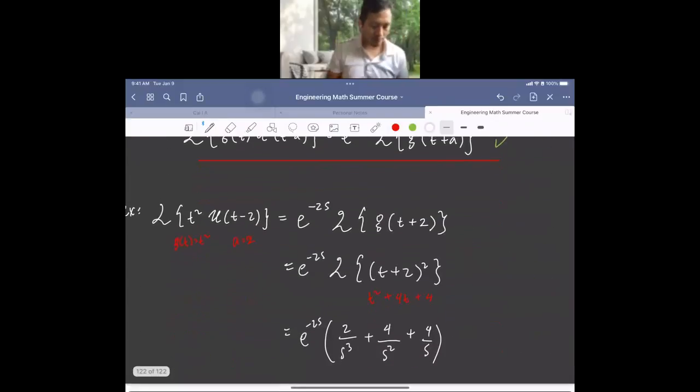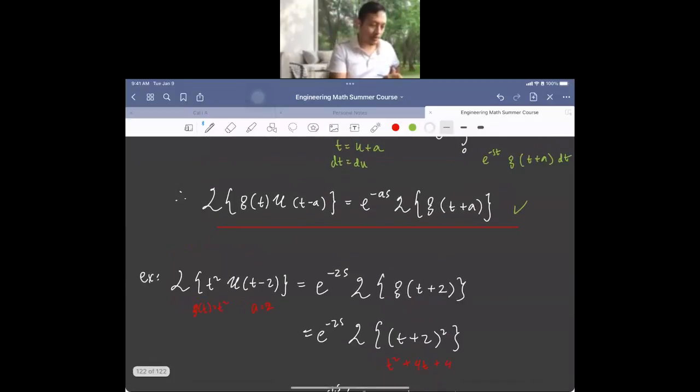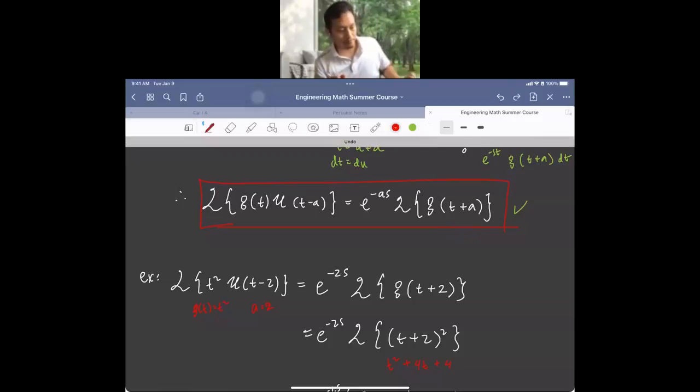This is equal. Okay. So we can take substitution and make a new form. If you want to make g(t) Heaviside t minus a, or f(t) Heaviside t minus a, we can do that as well, and we can make it into our t plus a like that.